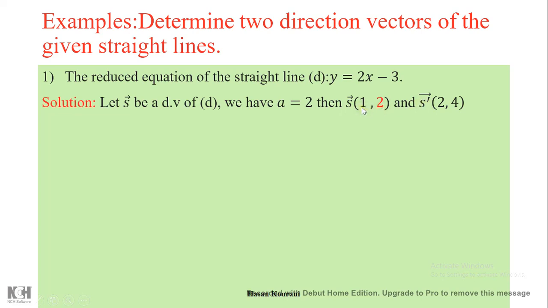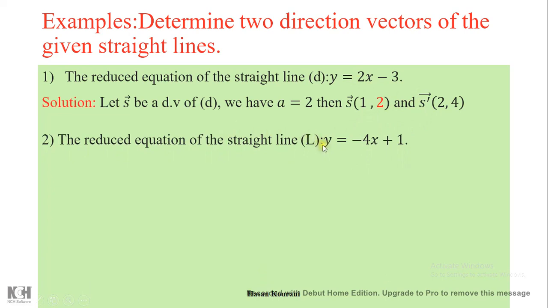We get another vector S', whose coordinates are 2 times 1, which is 2, and 2 times 2, which is 4. This is a new vector, also a direction vector, and in this way we can find infinitely many direction vectors.